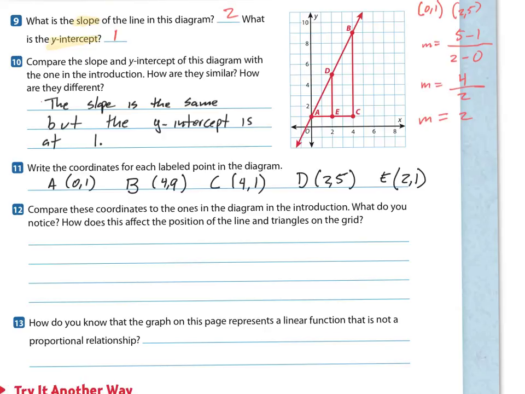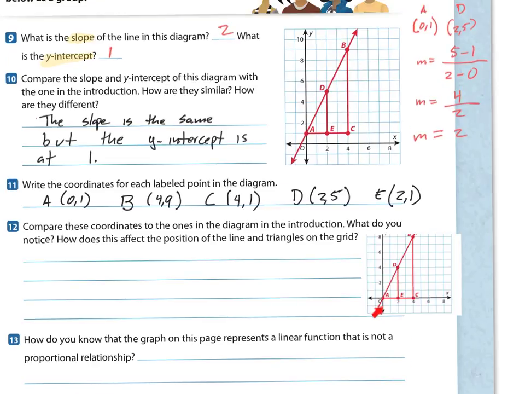Now, part 12, it tells you to compare the coordinates to the ones in the diagram in the introduction. What do you notice? If you go back and we pay attention to the graph in the introduction, it has been attached on the right side. As you can tell, the intercept is 1 higher, and then point E is also 1 higher, and point C is also 1 higher.